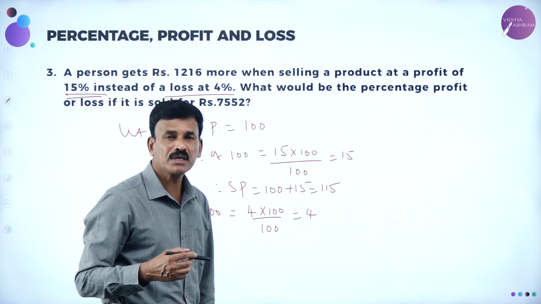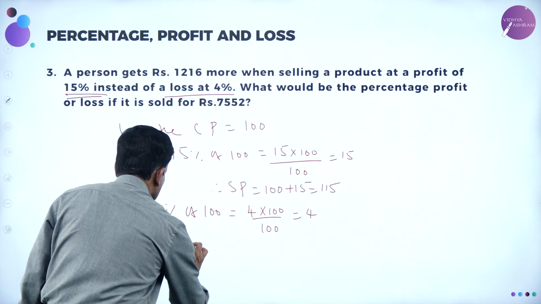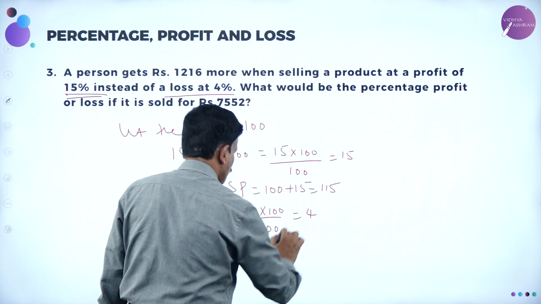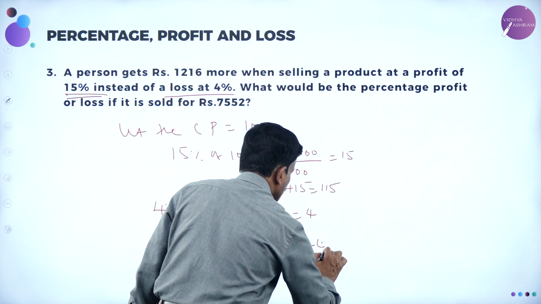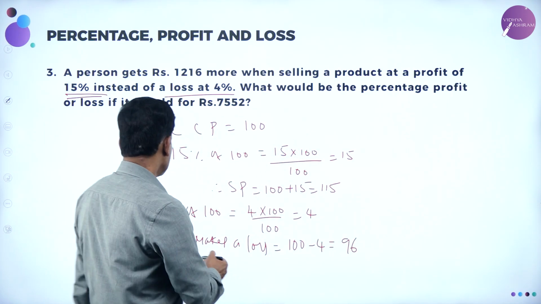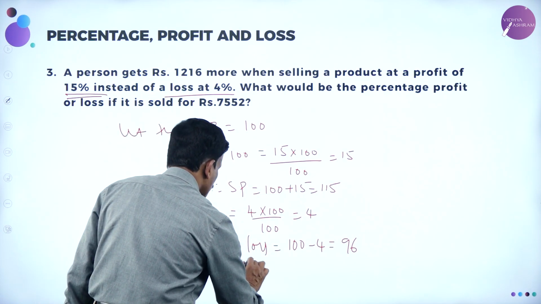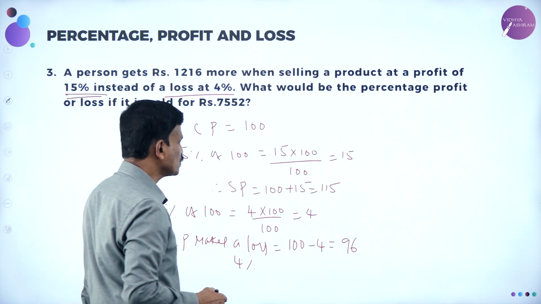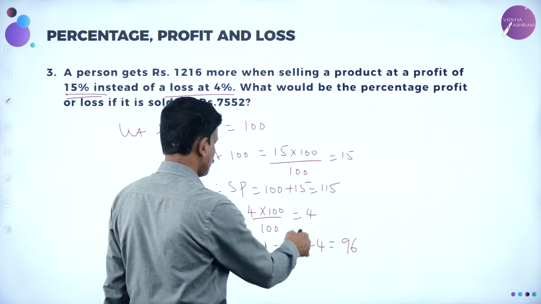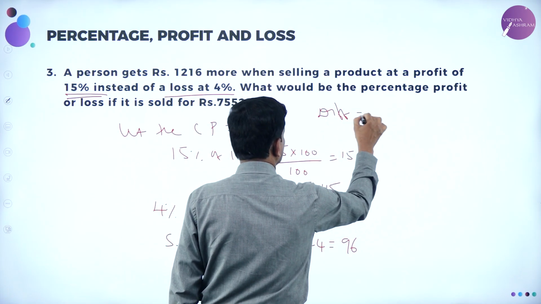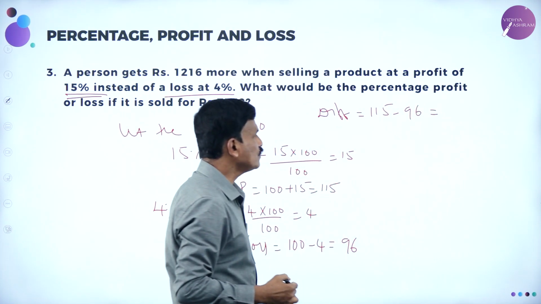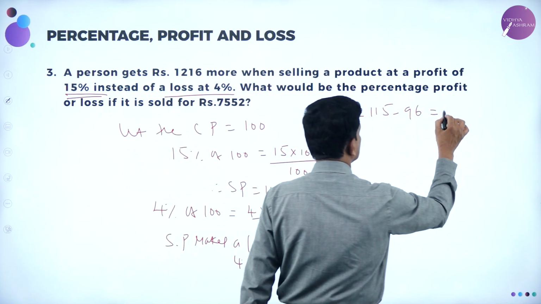So the selling price that makes a loss of 4% is 100 minus 4, that's equal to 96. Now just find out the difference. The difference between these two is 115 minus 96.